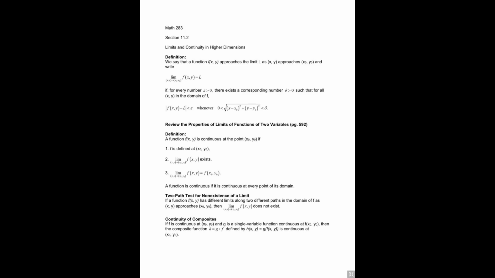Okay, so taking a look at this, first we have a definition.